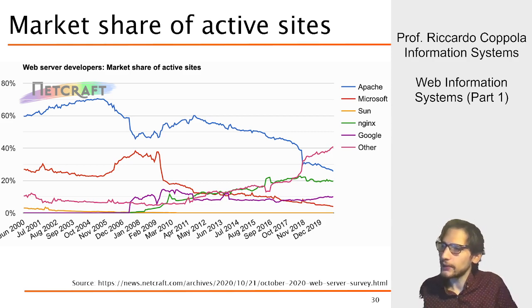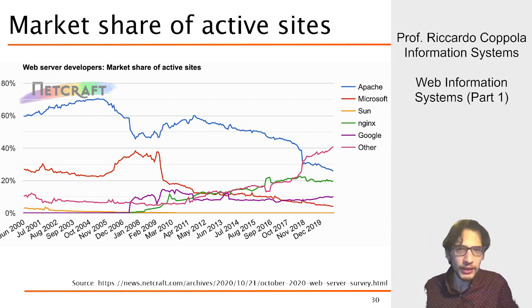Then we have other ones like Nginx, which is growing in popularity. We have Google and we have Microsoft, which is kind of deceased by now. And the purple other line is many different technologies that are able to support HTTP.